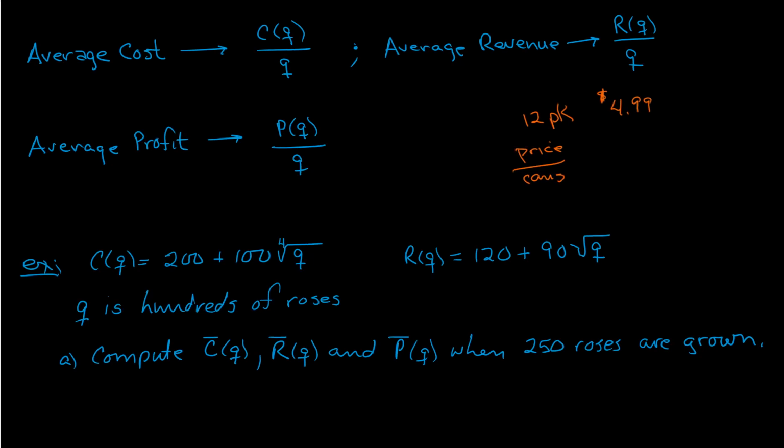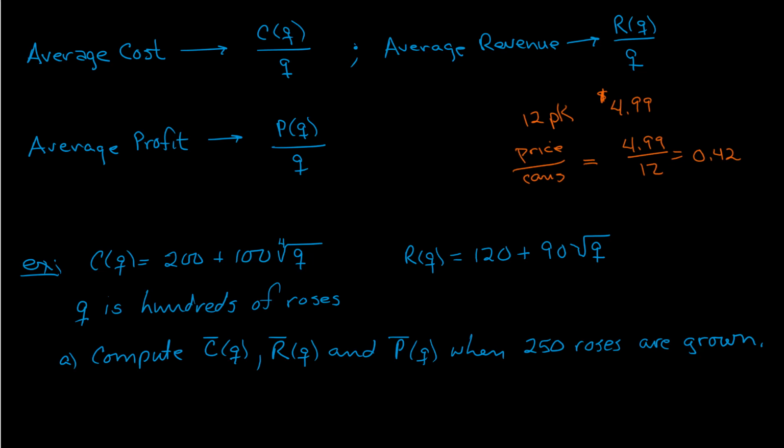This would be the $4.99 divided by 12. If you take the $4.99 divided by the 12, it works out to be 0.42. We'll round it off to the hundredth since numbers in US currency stop in the hundredths spot.